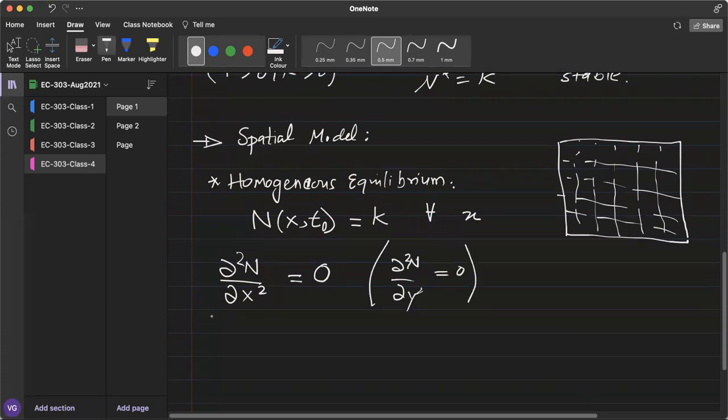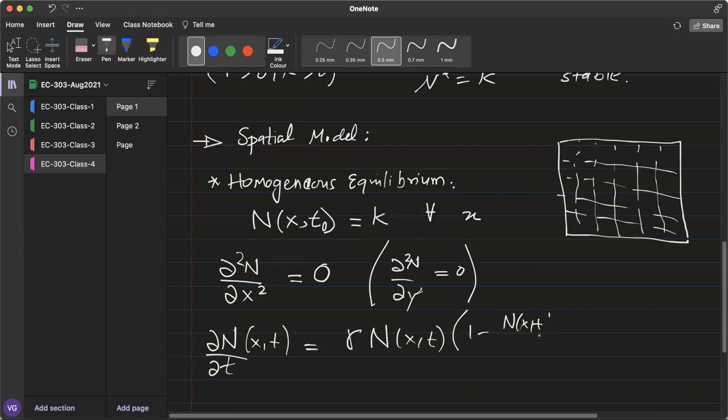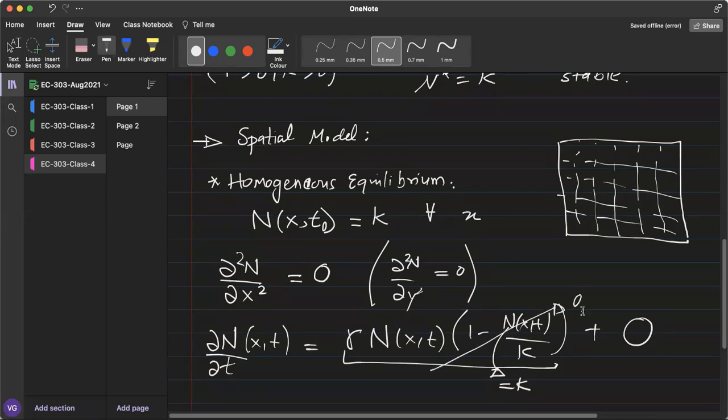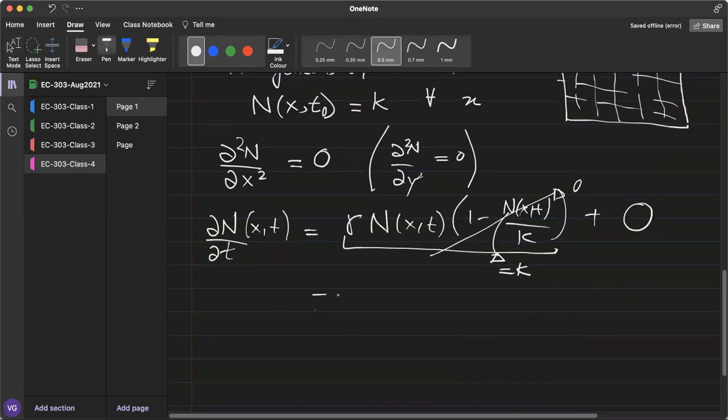So if you look at this now, we have the reaction term, N(x,t) by K, plus the diffusion term. This now has become 0. What about this term? Because we have said that this is equal to K for all x, this term too becomes 0 for all x. So clearly the entire left-hand side is 0, right?